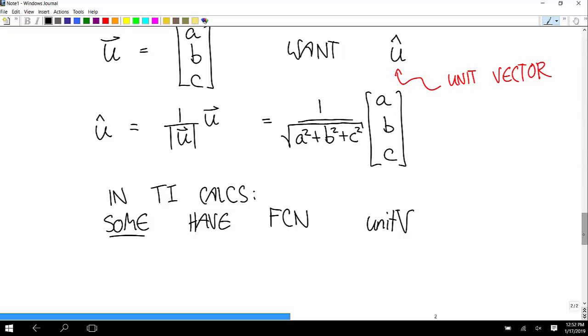And all of these things that I say are built-in functions in some TI calculators. If your calculator doesn't have these functions, it's only a couple lines of code in their programming environment to make these functions. So if you're interested, bring your calculator to office hours, and if it's not already built in, we can just put the programs in there.